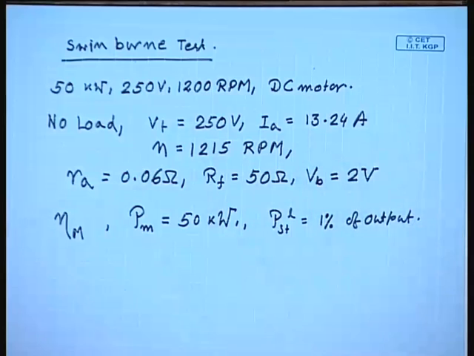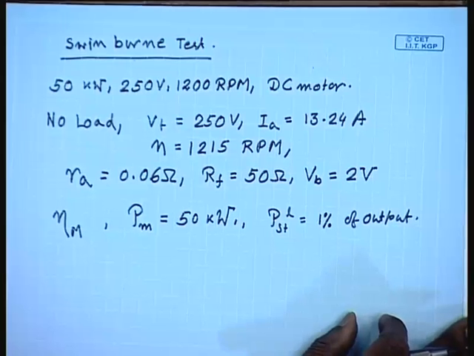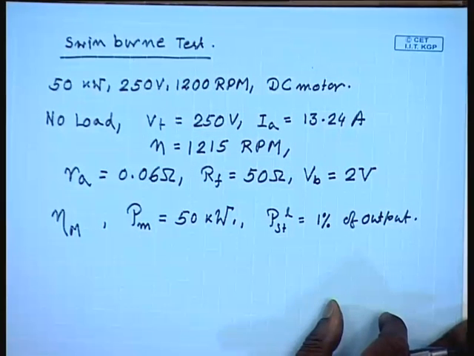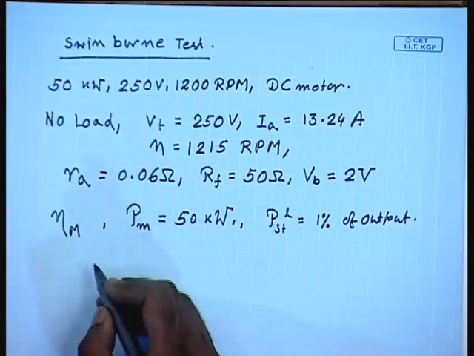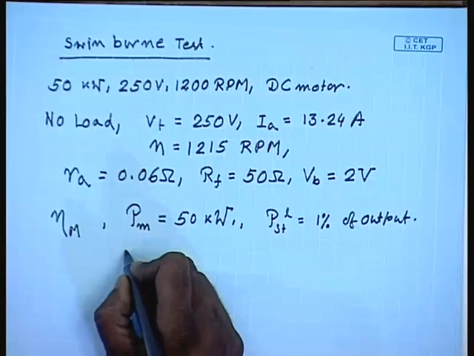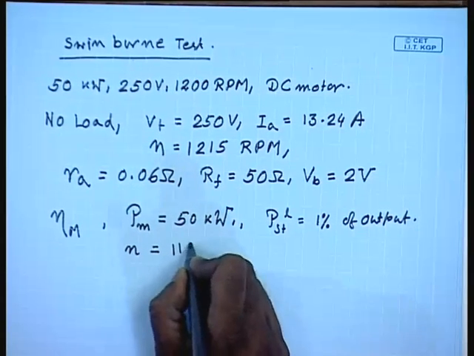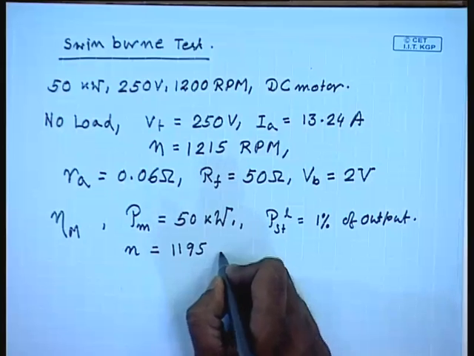This assumption is sometimes made because it is very difficult to accurately measure this loss. The speed turns out to be, at 50 kilowatt shaft load, n equal to 1195 rpm.